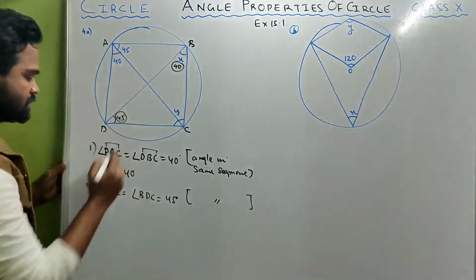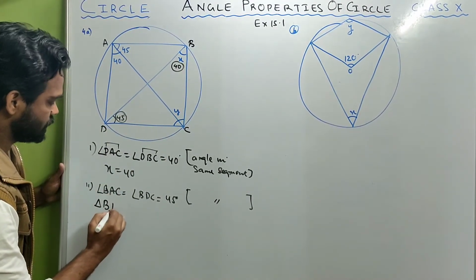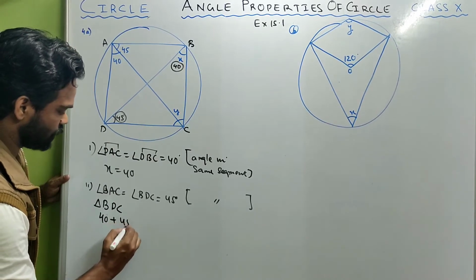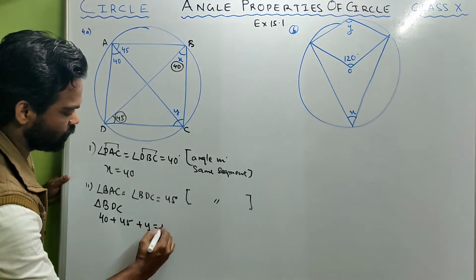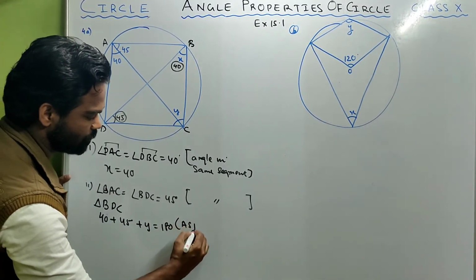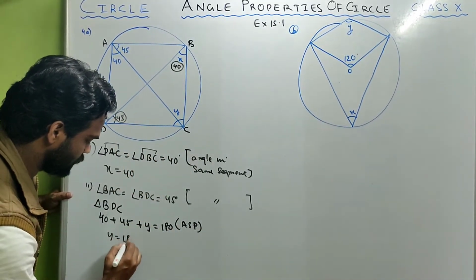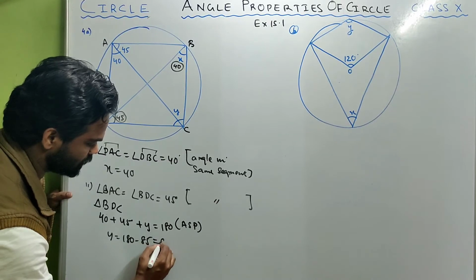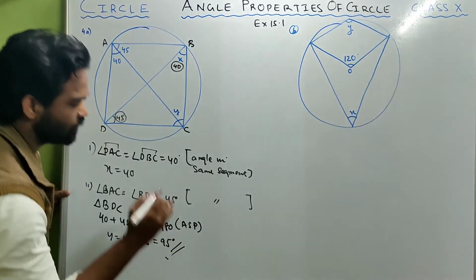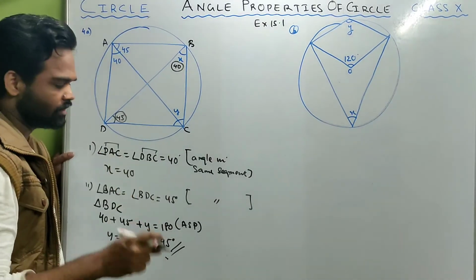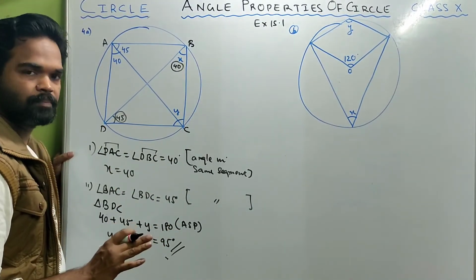Now look at triangle BDC. In triangle BDC, 40 degree, which is x, plus 45 degree, plus y will be 180. Angle sum property. So y will be 180 minus 85, that's 95 degree. Done. Pretty simple. We use one property only, that angles in the same segment are equal.